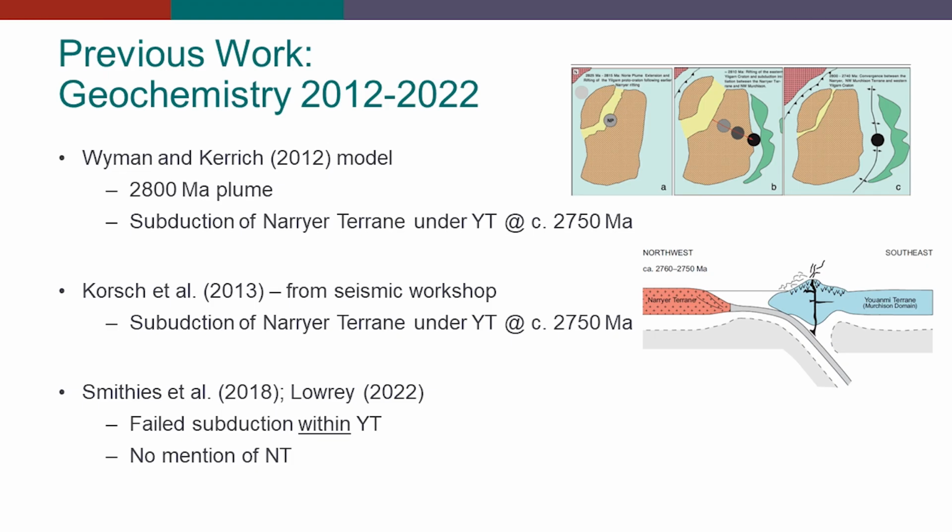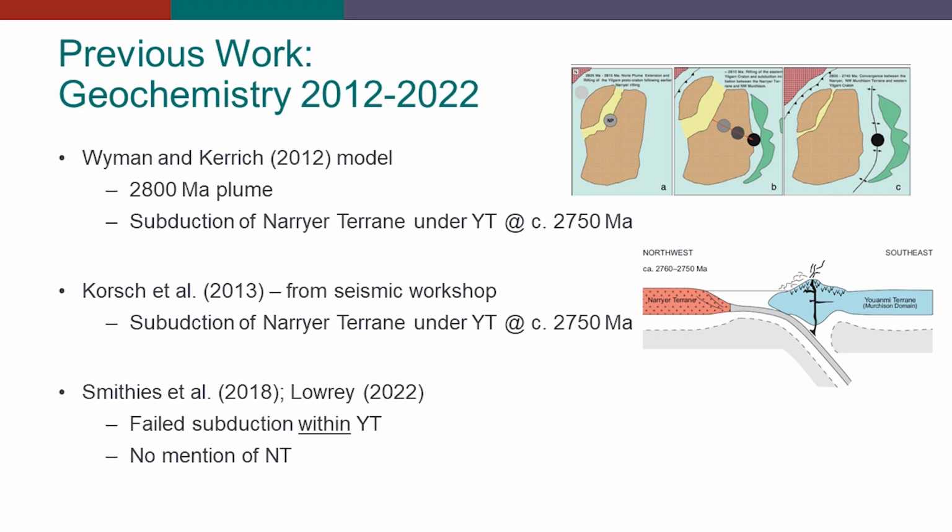So I'll just zoom through a few previous studies that show the Narrier terrane being very exotic to the Youanmi Terrane. This seems to have been a very popular model for this part of the world. And 2750 million years being a very common time frame for this so-called accretion of an exotic Narrier terrane. Whereas more recent work within the central Youanmi Terrane shows that, yes, subduction signatures can be detected, but actually they do not conform very well to a modern-style subduction accretion process.